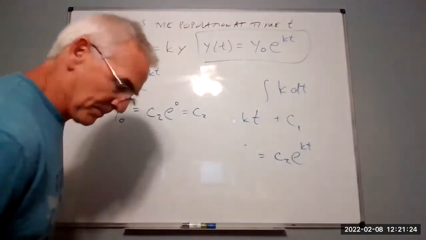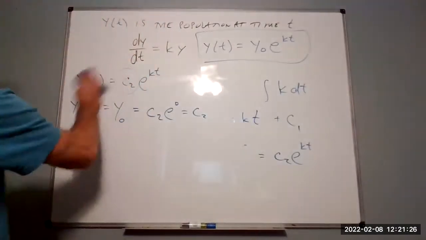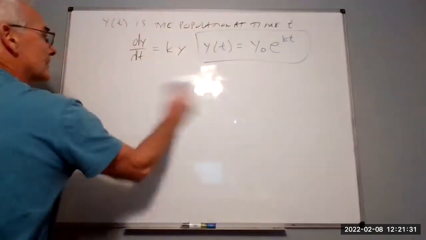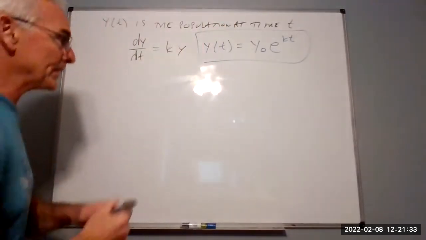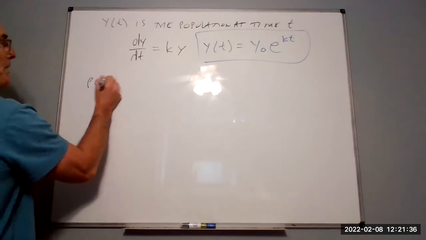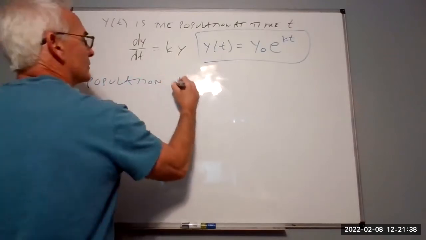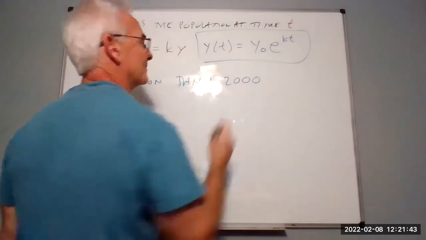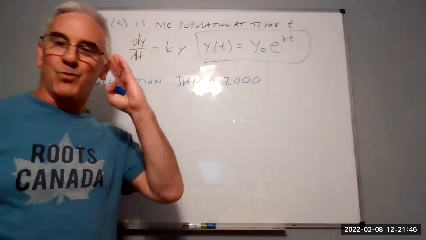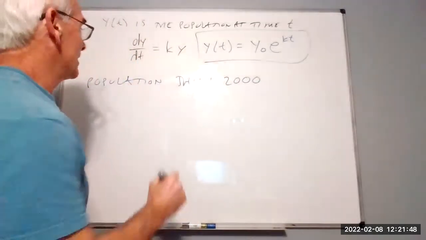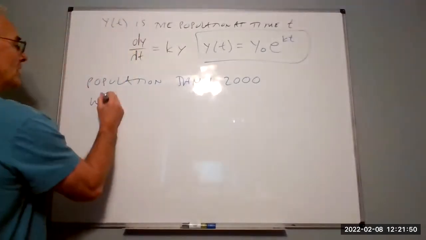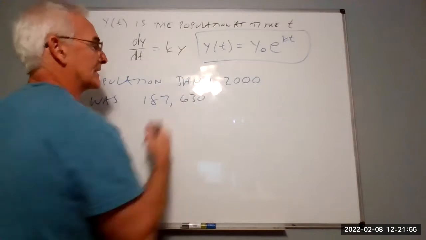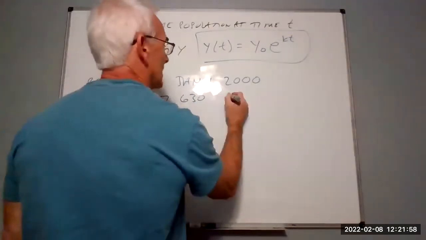So let's take a really simple population situation. Okay, let's do it. Let's say in a particular town, let's say the population, I like to do it this way. The population, January 1st, 2000, right? Well, right when we hit January 1st, 2000, the population was, let's say, 187,630 in a particular town, okay?